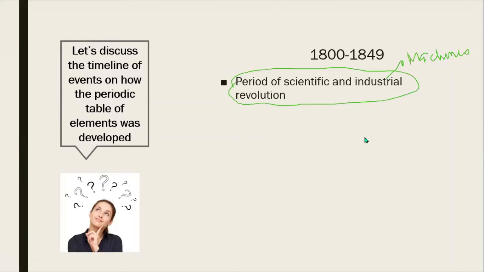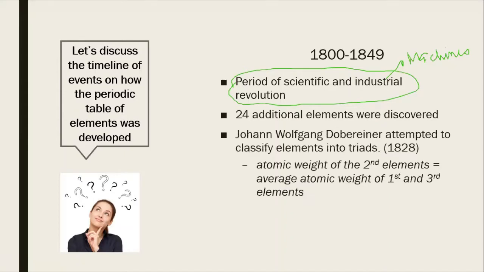And during that time, there were 24 additional elements that were discovered. But of course, in connection with the periodic table and the discovery of the elements, there was one person who became famous during that time. And he was Johann Wolfgang Döbereiner.